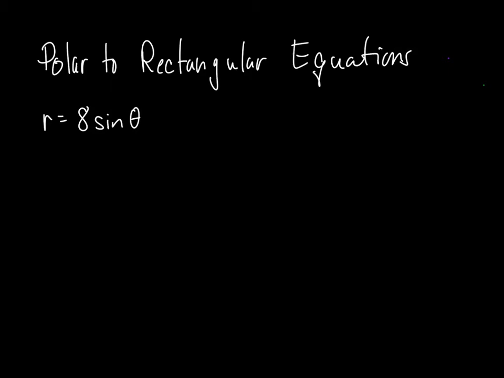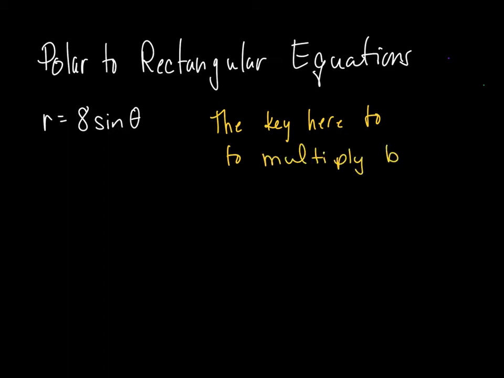So we're going to look at the polar to rectangular equations. We are starting off with the fact that we have r is equal to 8 sine of theta. The key here is to go ahead and multiply each side of the equation by r.